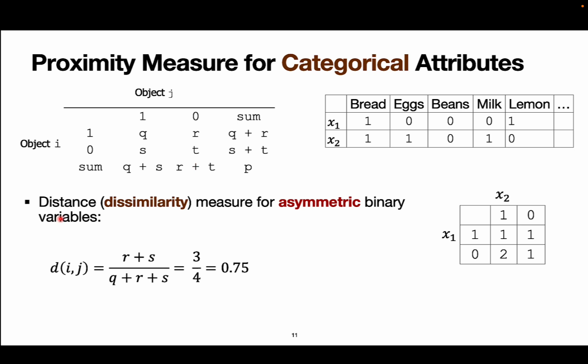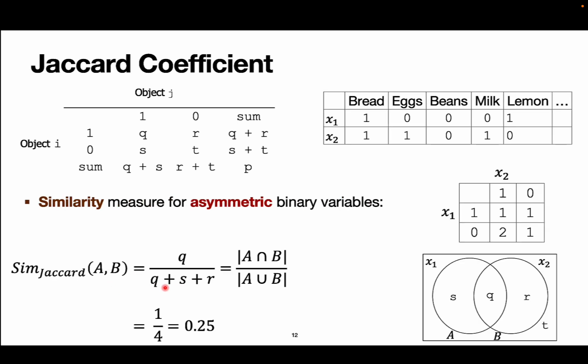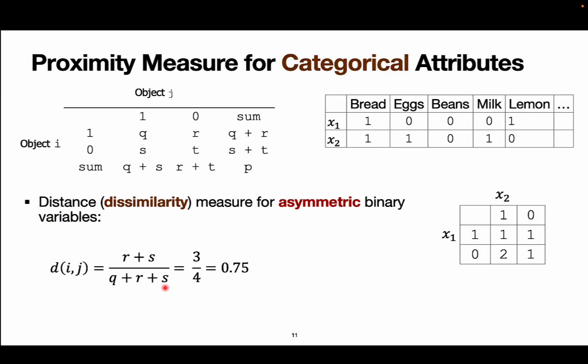So the distance measure is r plus s over q plus r plus s. The equivalent similarity version with the asymmetric binary variable is called the Jaccard coefficient. And I'm sure you started to get confused. So here we were talking about this similarity for asymmetric binary variables.